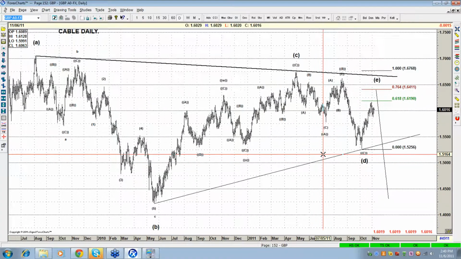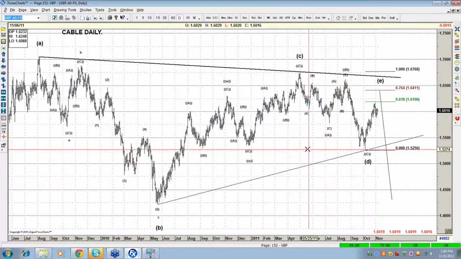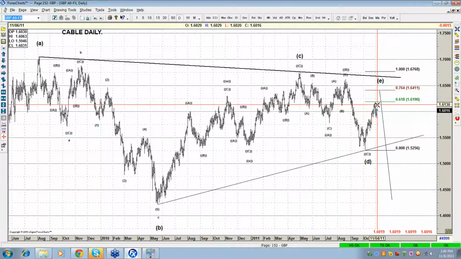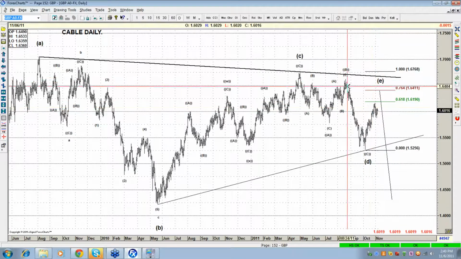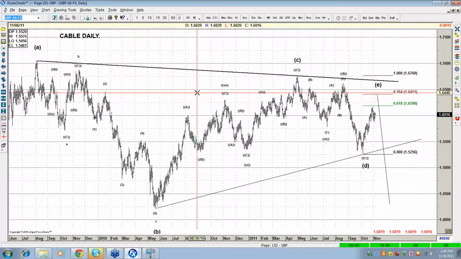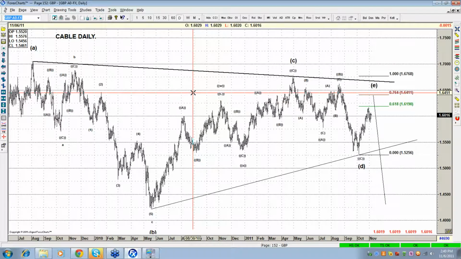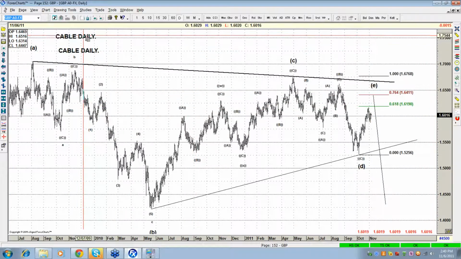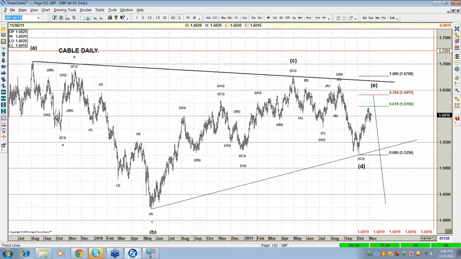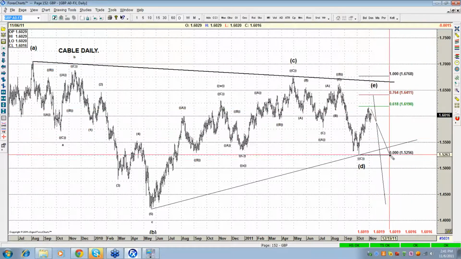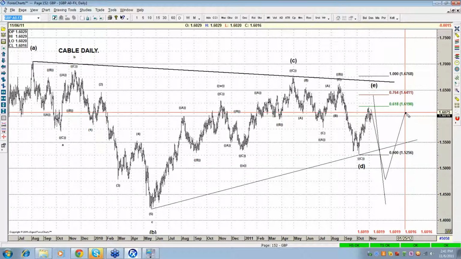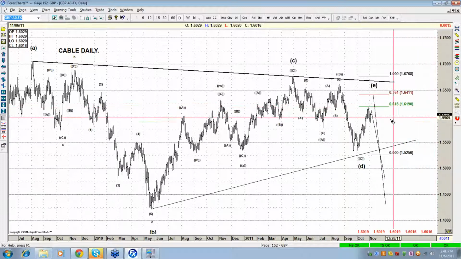Now, it looks like that's the case, or this can be the B-Wave of this, but that's only if you see cable. The market correlation is not supporting the idea of cable going here and then higher, because that's going to make oil going to the new high in some degrees.